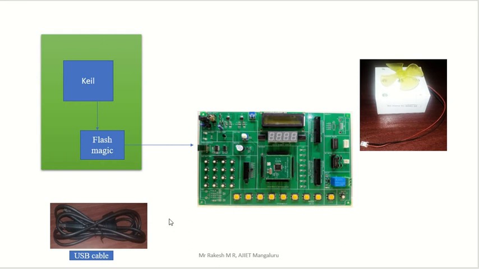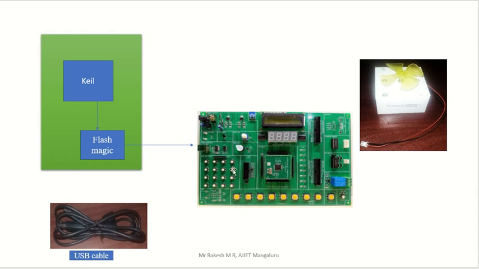Now this is just the general setup we have, and we will see the execution method for this experiment number 10. Before that, here the LPC2148 kit is there. This is the LCD screen and this is the LED screen. We have the ARM core processor here.